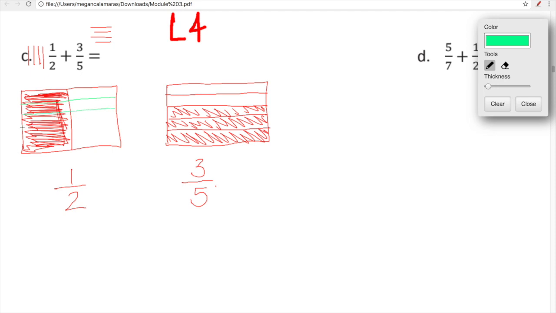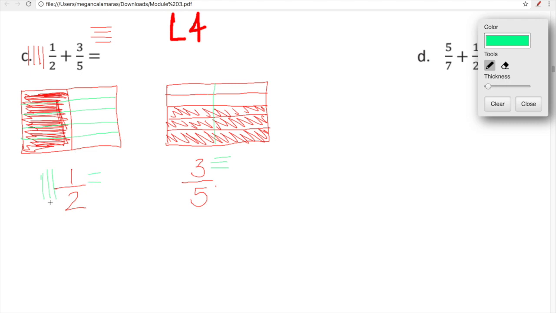I'm going to draw 4 lines on top of our halves so that now we've laid 5ths on top of halves, and we've sliced this rectangle into 1, 2, 3, 4, 5 equal pieces. Now we're going to take halves and we're going to splat. We're going to lay our halves on top of our fifths. Notice that I'm still using my vertical lines for halves and I'm still using my horizontal lines for fifths.